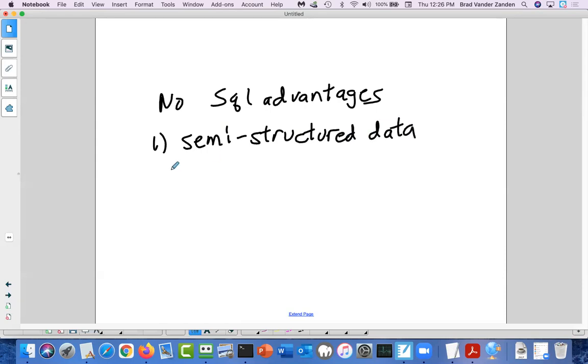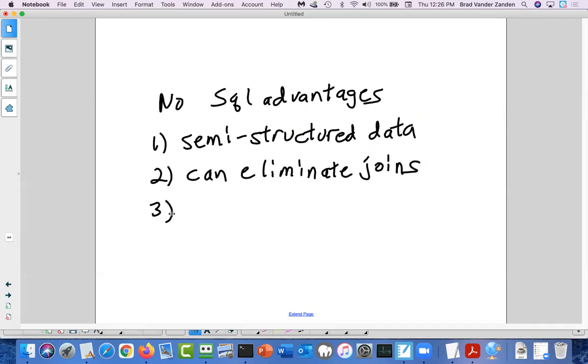Second, they can eliminate joins, and I'll show you how they do that with MongoDB. And the third big thing is that they can be distributed with multiple copies.